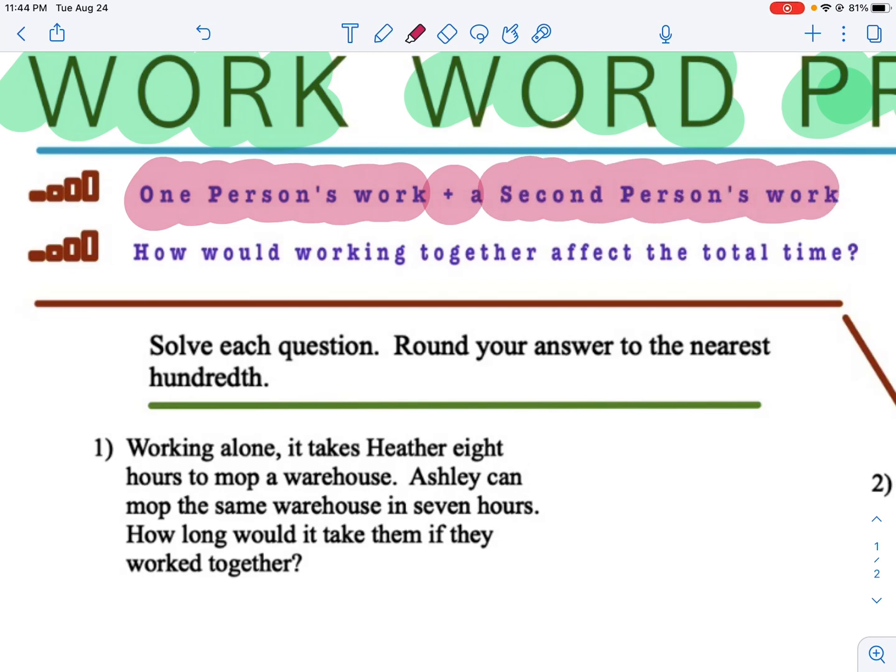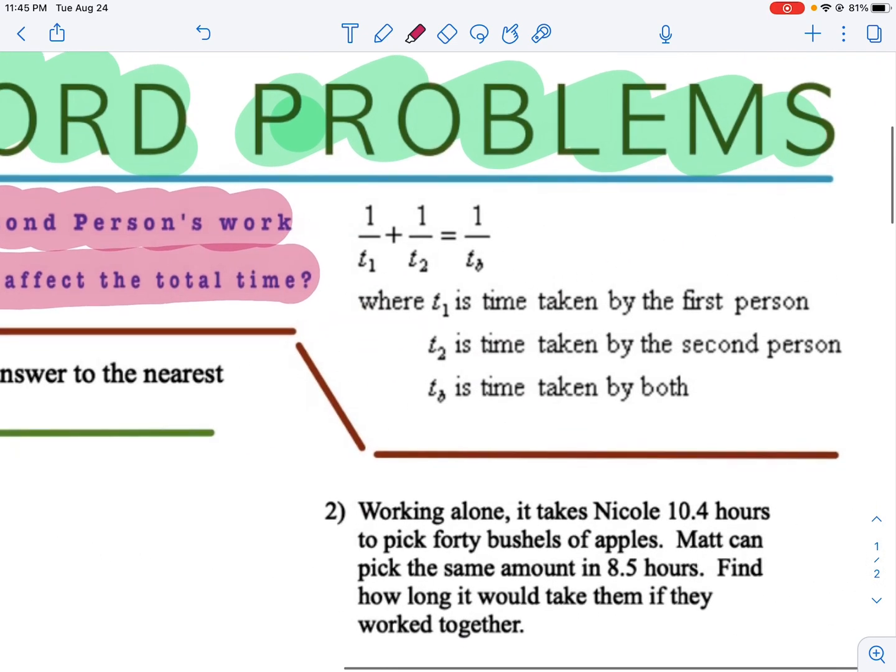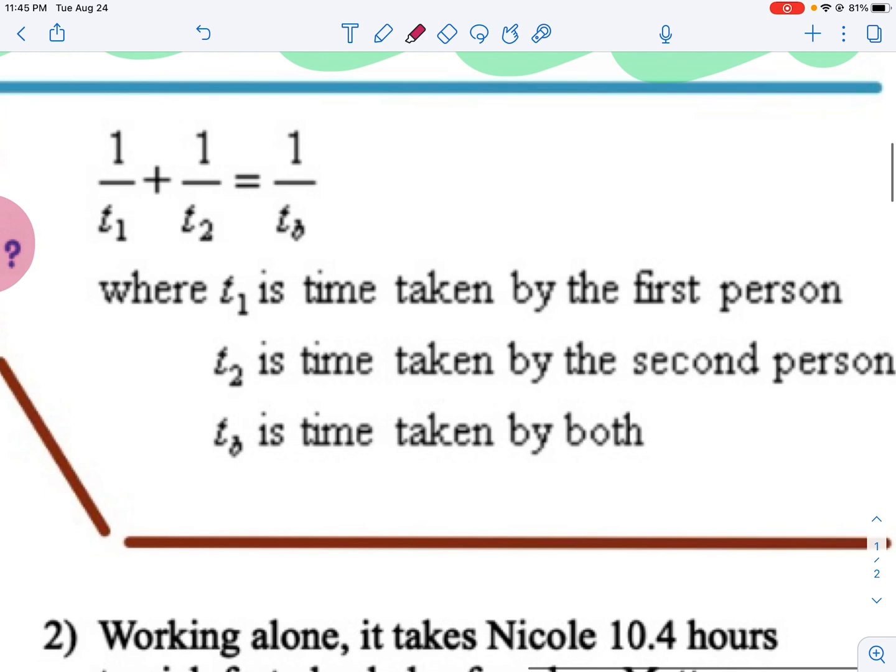So we're going to see how two people working together affects the overall work. The second bullet says, how would working together affect the total time? We're going to see how working together affects the total time that it takes to do a certain type of work, right? And this is the formula that we're going to use.